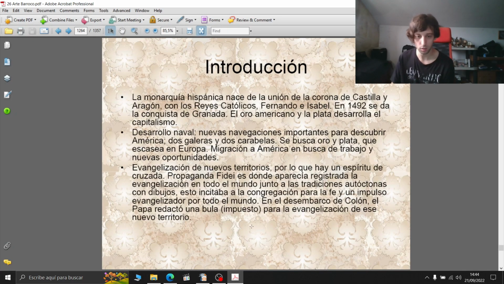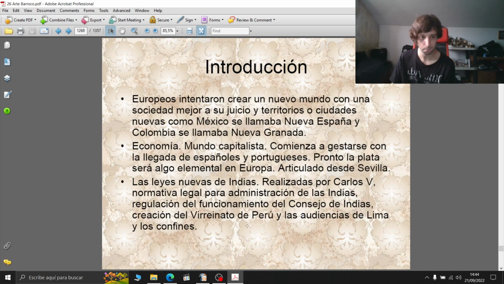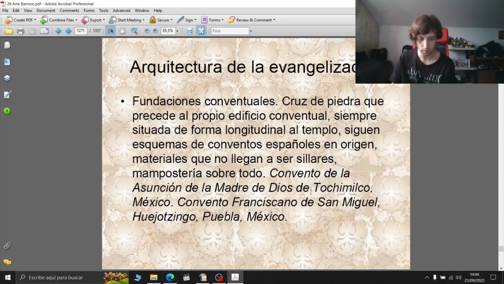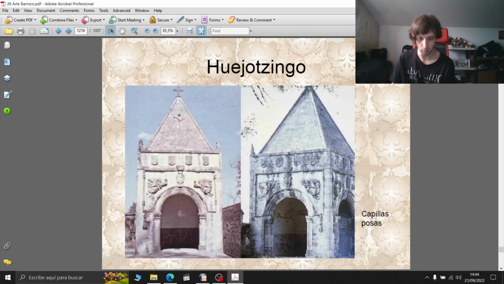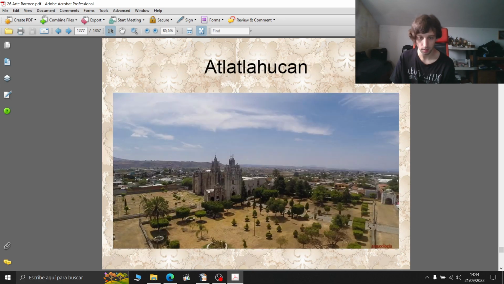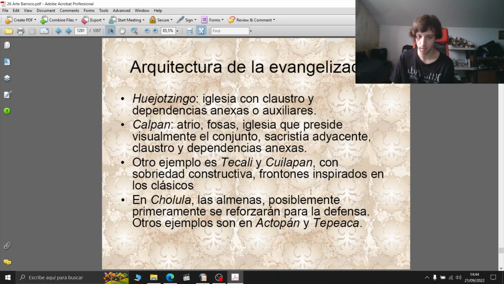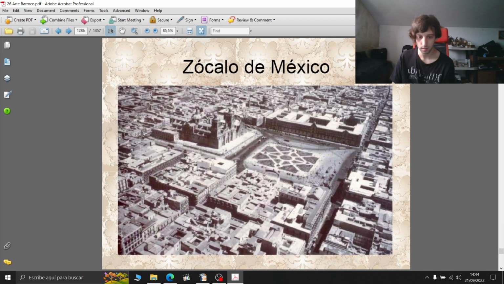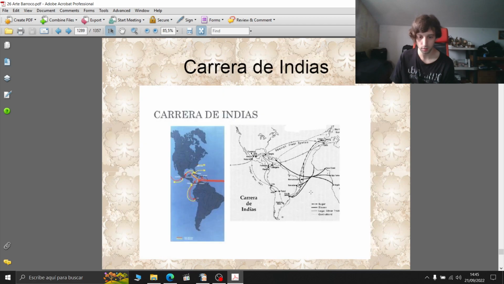I show more pictures. This is the convents. Xochimilco, Huejotzingo, Atlatlaucan, Izamal, Calpan, Cholula, Tepeaca, Zócalo, Mexico.